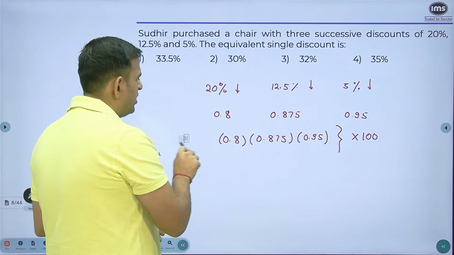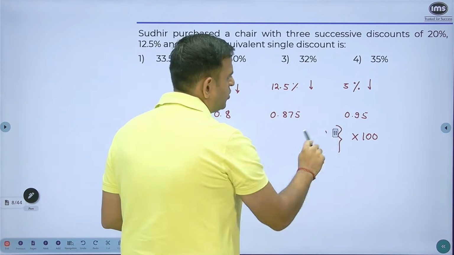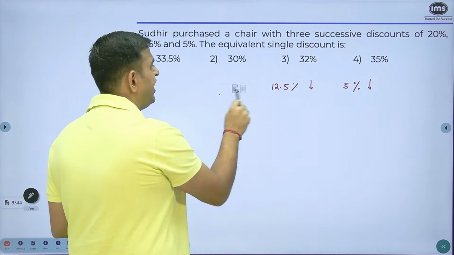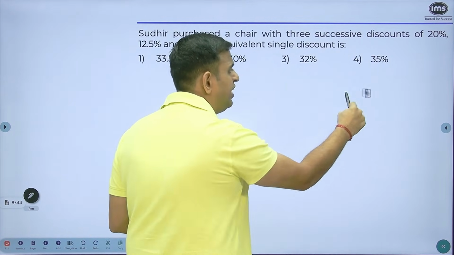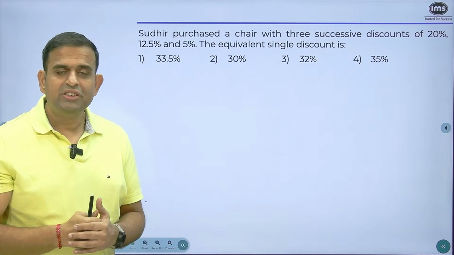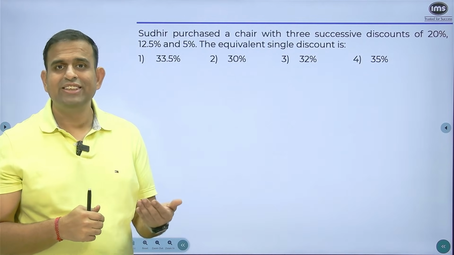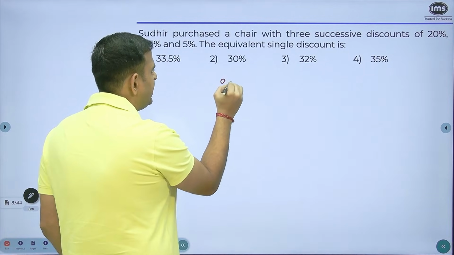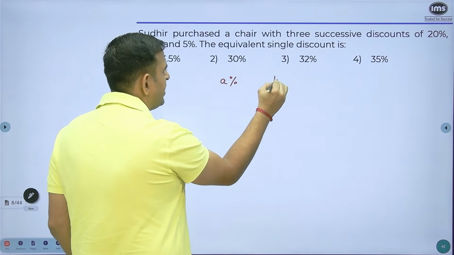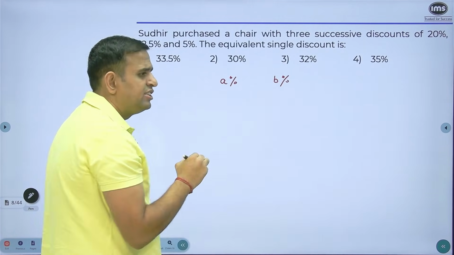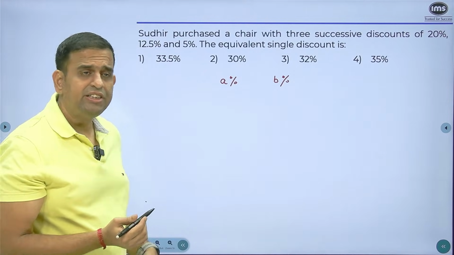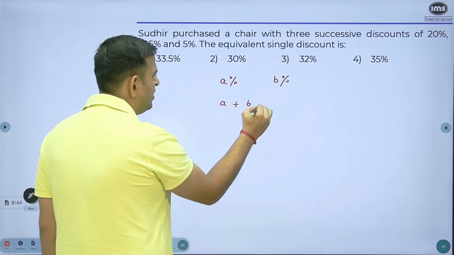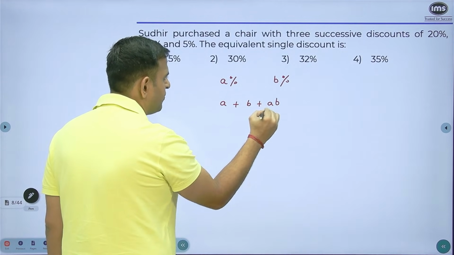So what could be the other approach? We will take the help of a very well-known formula, which is the successive percentage change. What is known about that formula is that if I have an A percent change and then a B percent change, the effective percentage change happens to be nothing but A plus B plus AB by 100.